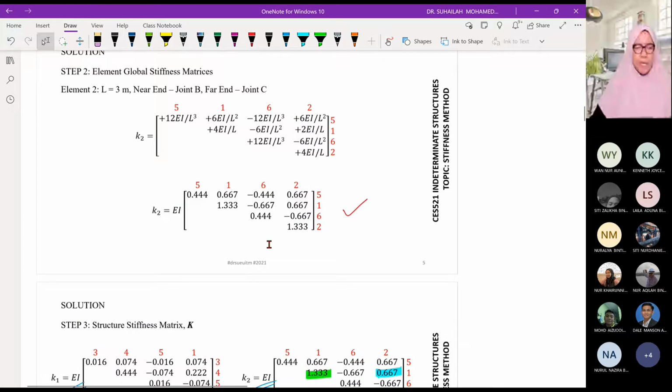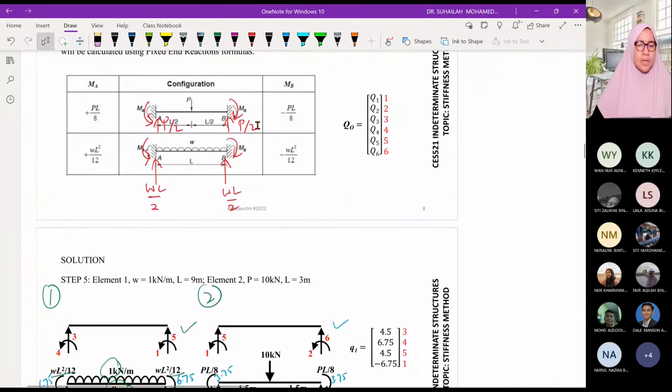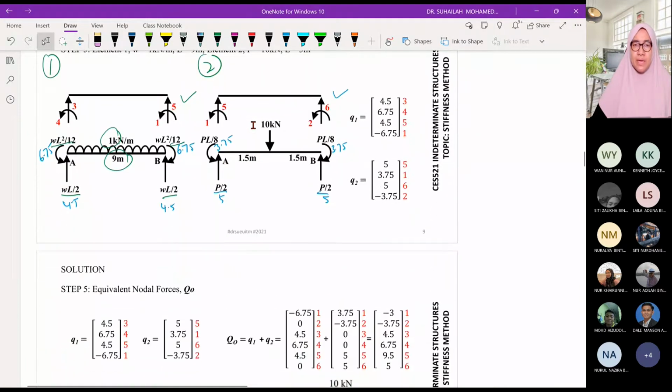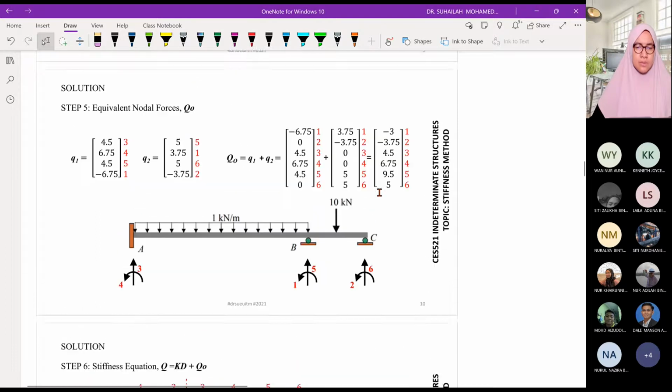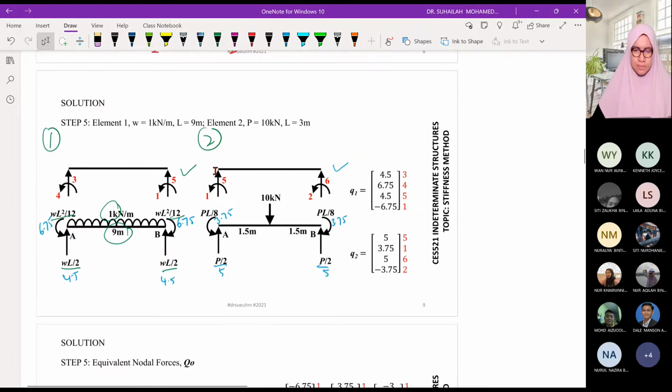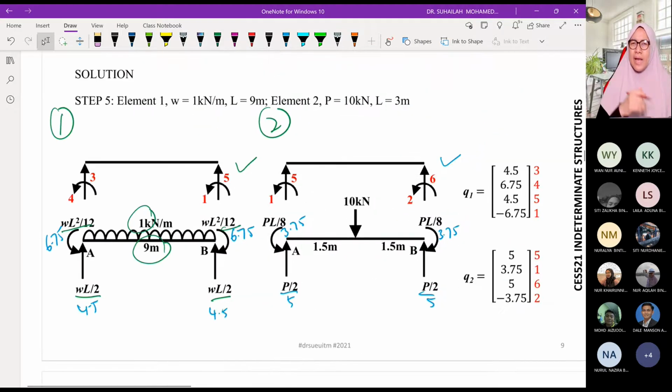So beam ni, if you understand well about how we calculate equivalent nodal forces, the rest will be easier. Okay, so now we are going to establish what we call equivalent element nodal forces. Kita nak gabung jadi equivalent nodal force.